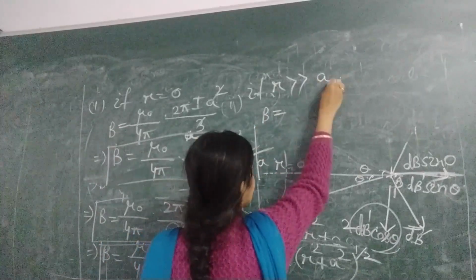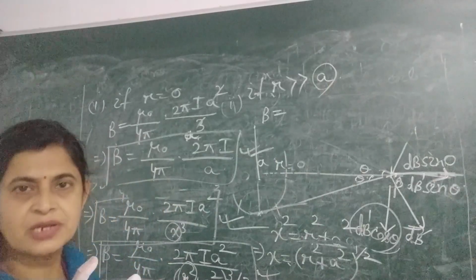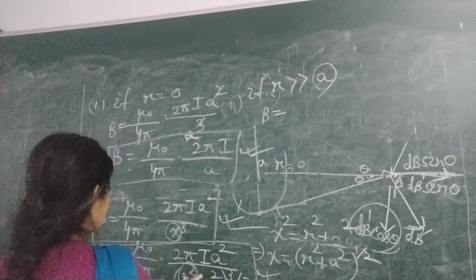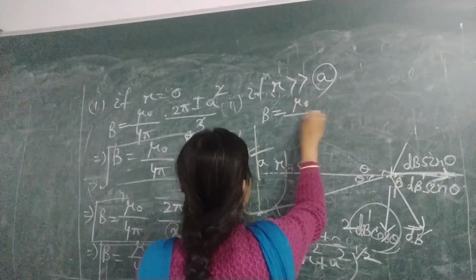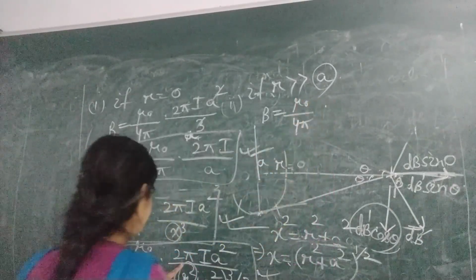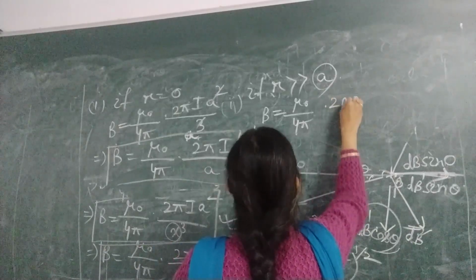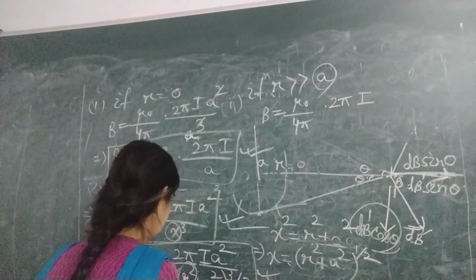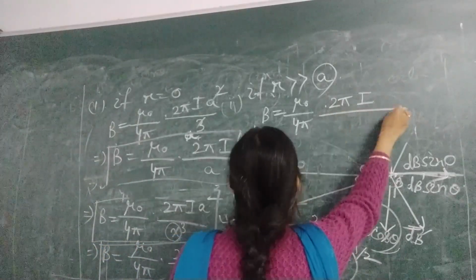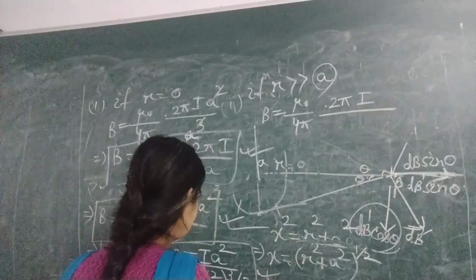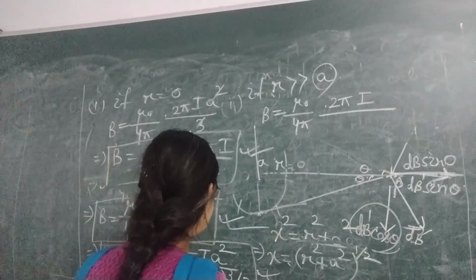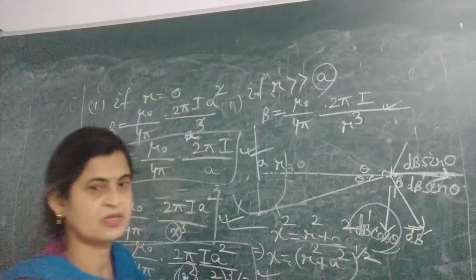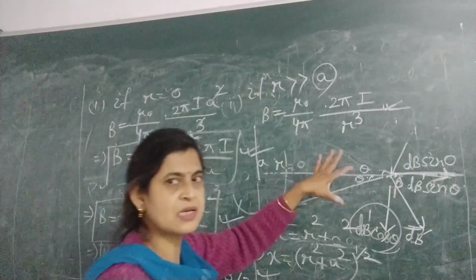That means we can neglect the value of a, the radius. So at that time B is equal to mu naught by 4 pi 2 pi I divided by, a being neglected, r square power 3 by 2, that is r cube. So these are the special cases.